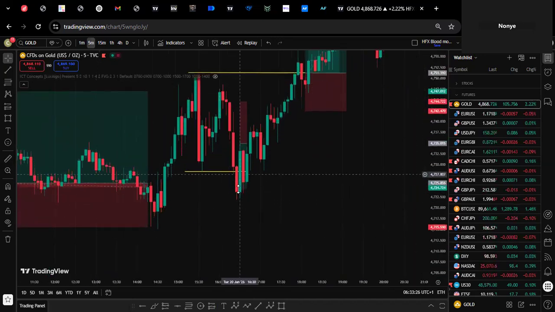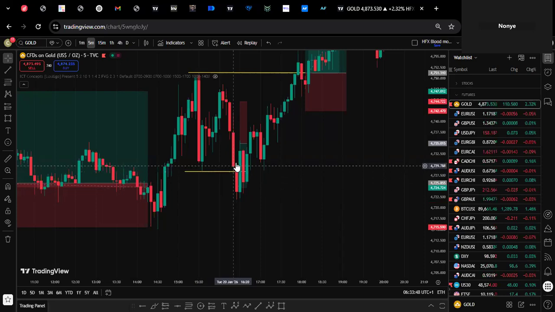It broke below, telling us that this is a valid sell. So if it breaks the zone, the low, you go for a sell. This one broke the lower zone, but it could also break the higher zone.